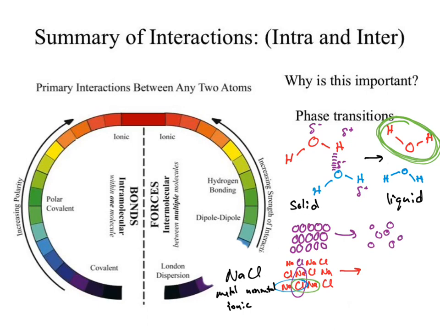Okay, so a suggestion, it's hydrogen bonding because there's a hydrogen present and it's bonded to the oxygen. No, hydrogen bonding is not a bond. Hydrogen bonding is in our force category. We asked, what is the bond in water? It is a polar covalent bond.